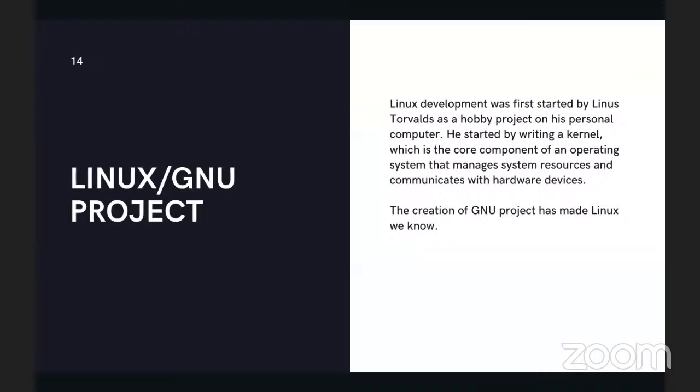After some time, it grew into one of the biggest open source projects and parent to many operating systems and many innovations in the space of open source. And the creation of the GNU project is also one of the main reasons for the success of the Linux we see now.